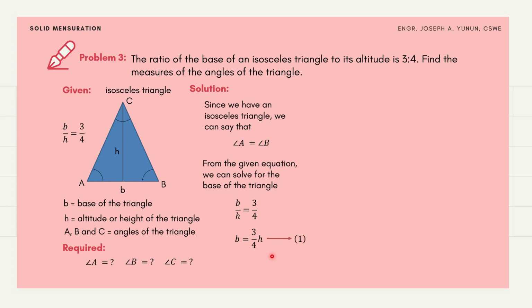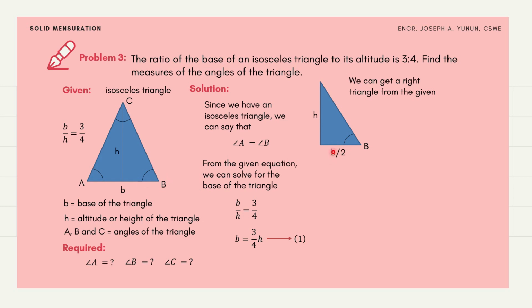Then from the given figure, we can get a right triangle. Any of the two right triangles can be drawn. I'll just use angle B as my reference angle here, and then height h, and this is B over 2. This can be represented as C, so that is angle C. Since you have a right triangle, you have the height, and the base is divided into two equal segments.